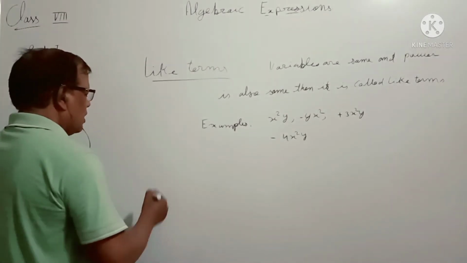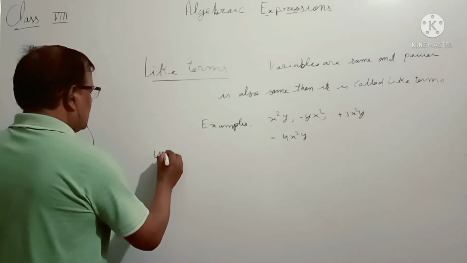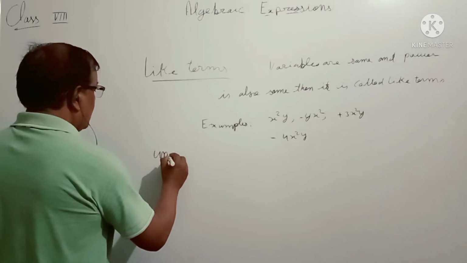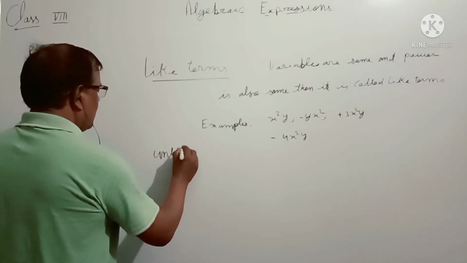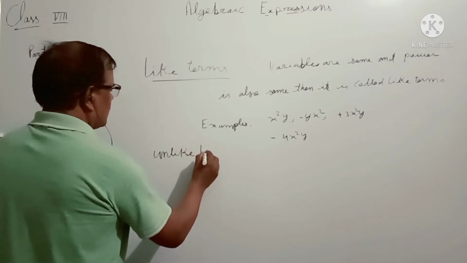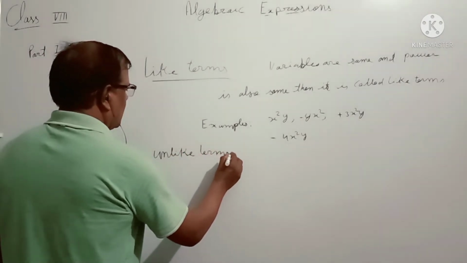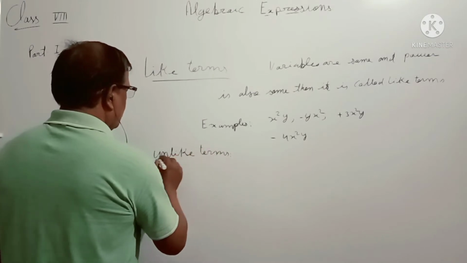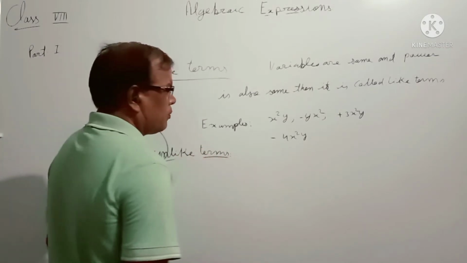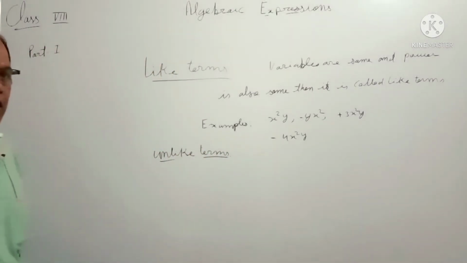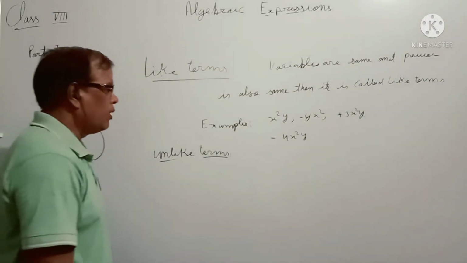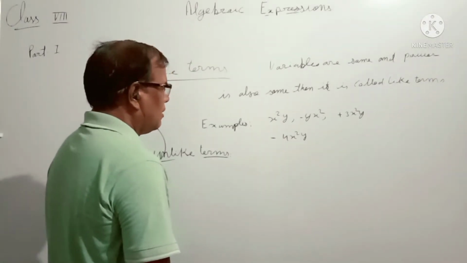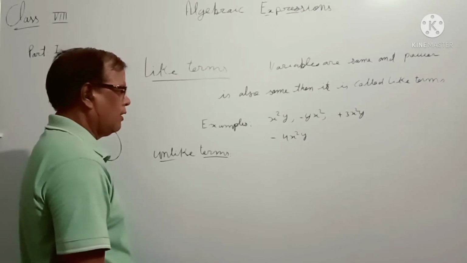Now, if terms are unlike, then how do we understand these are unlike terms? If variables are same but power is not same, then they are unlike. If variables are different, then it is also unlike.